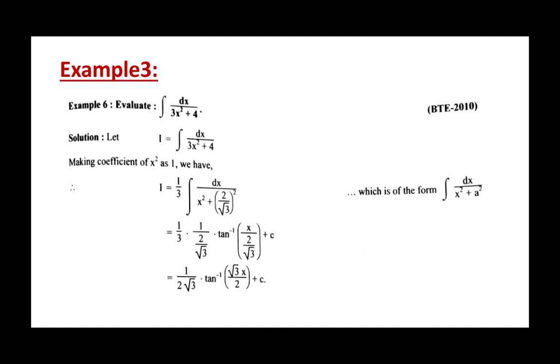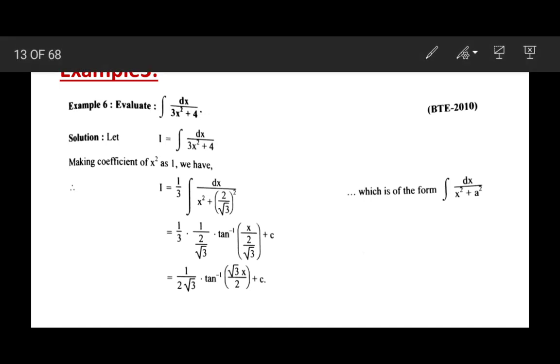Then third is: evaluate the integral dx upon 3x square plus 4. So I is equal to this. Now listen to this step. I am going to make the coefficient of x square as 1. For that I have to divide this denominator by 3.